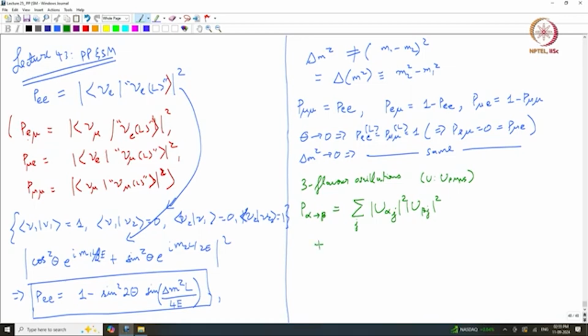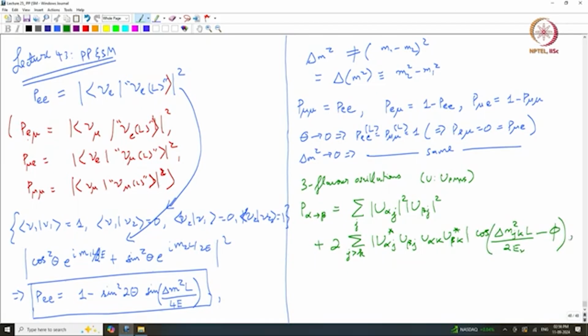So it is this plus 2 times, this is a compact way to write it, there are other ways to write this also, U_αj*, U_βj, U_αk, U_βk*, and cosine of Δm_jk² L over 2E_ν, the energy of the neutrinos, minus there is a phase here, okay?